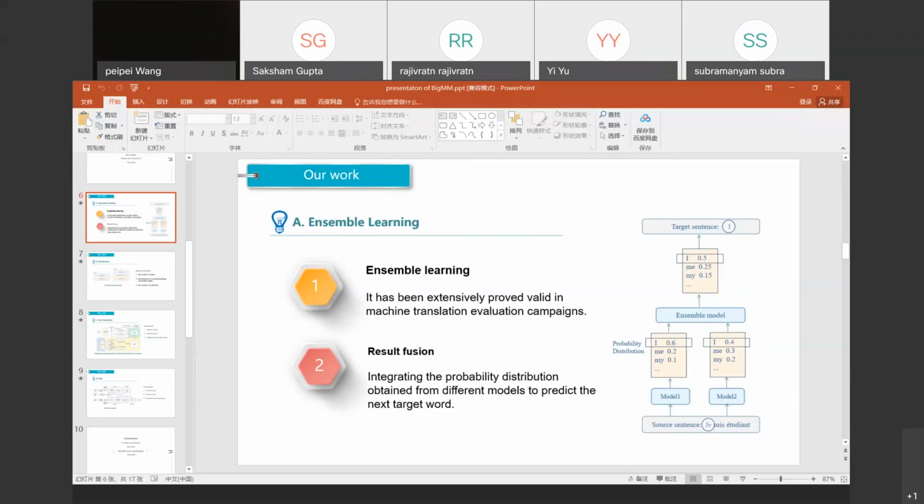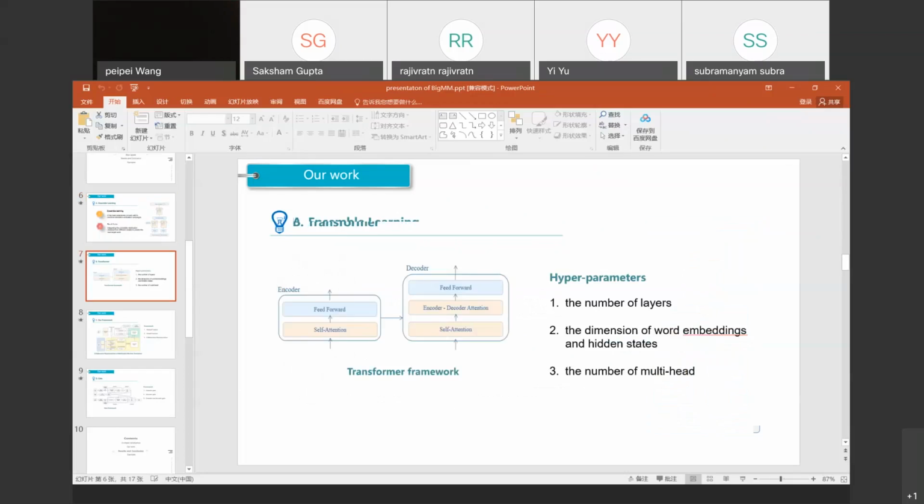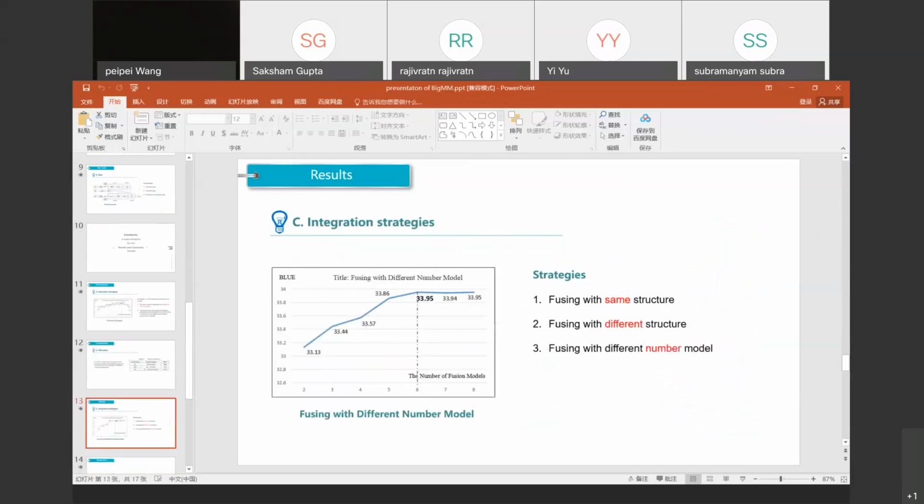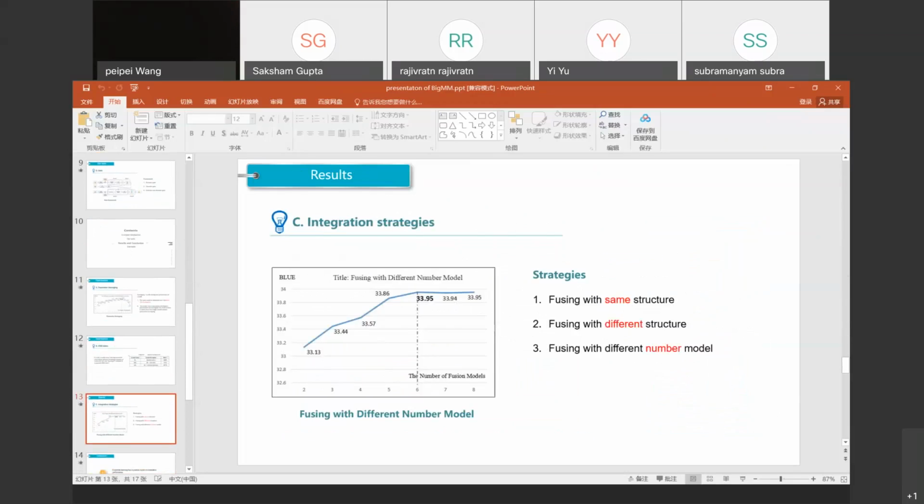We have different structures in our fusion; the models may have the same structure or different structures. We do different structures on the fusions, and the exact parameters are shown in our paper. Our paper has different models' parameters.